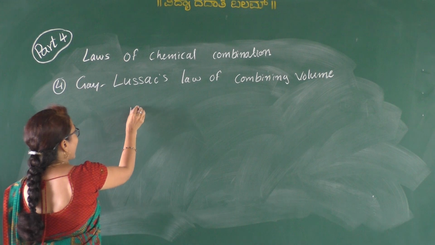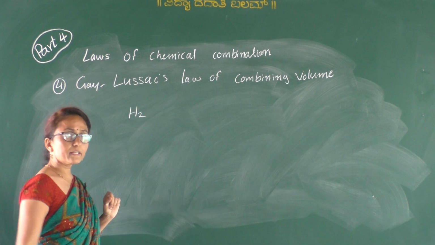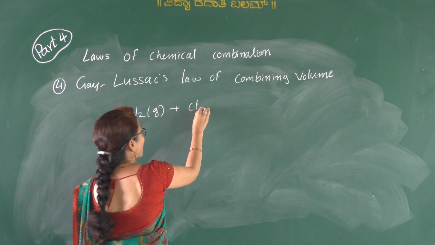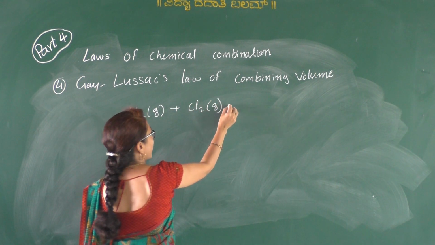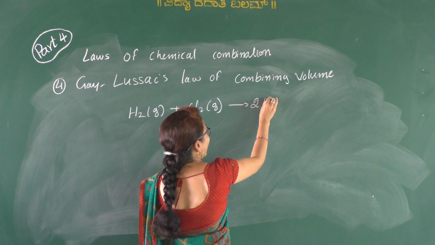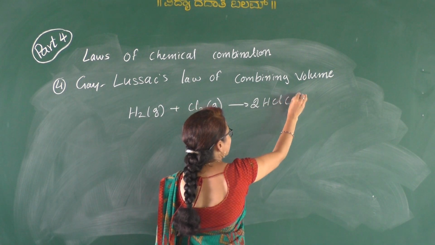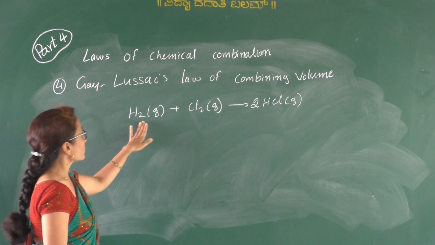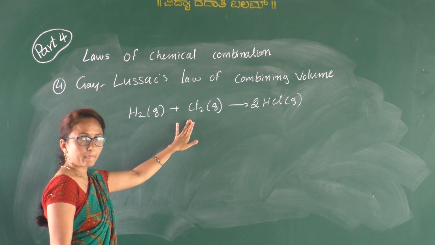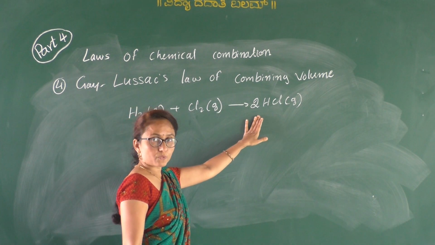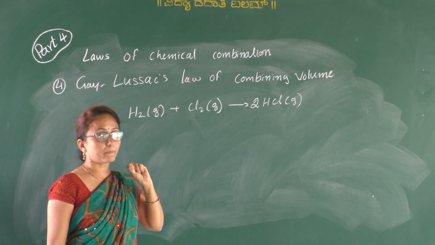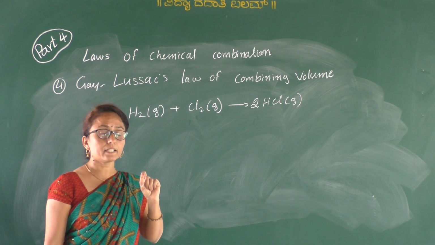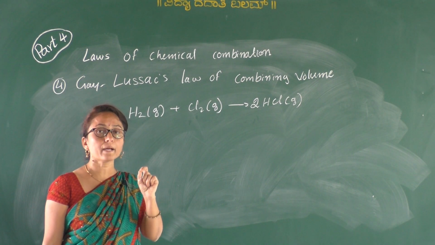We have taken hydrogen, which is in the gaseous state. It reacts with chlorine, or combines with chlorine, and forms hydrogen chloride, or HCl gas. All are in the gaseous state. So the gases combine, and they combine in a definite ratio by volume.